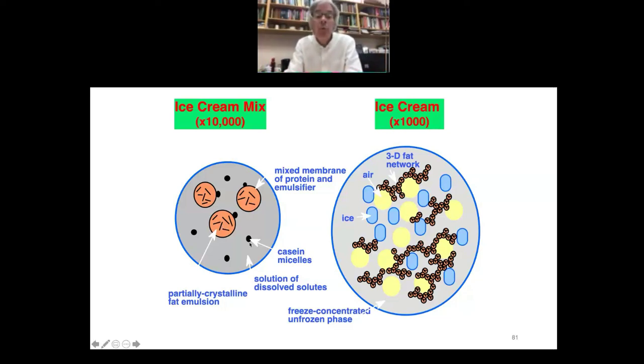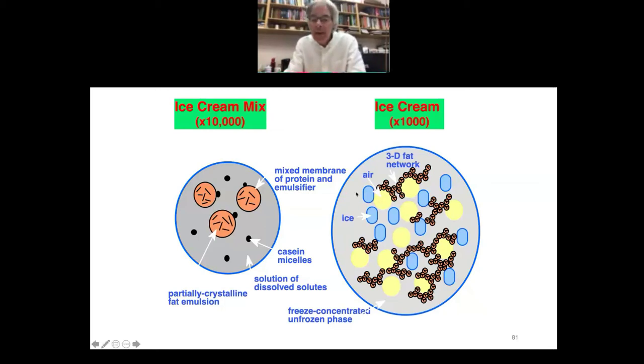We have our protein, which could be casein micelles, and perhaps non-micellar casein and whey protein. And then we have added emulsifiers, and I'll talk about the importance of those in a moment. But those are dispersed in the aqueous phase, which also in the case of an ice cream mix contains a lot of sugar.